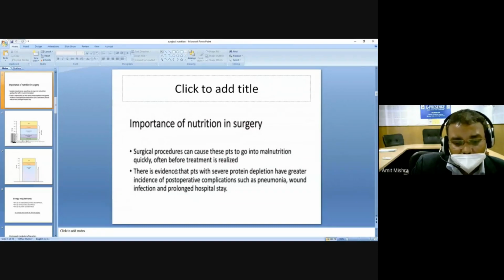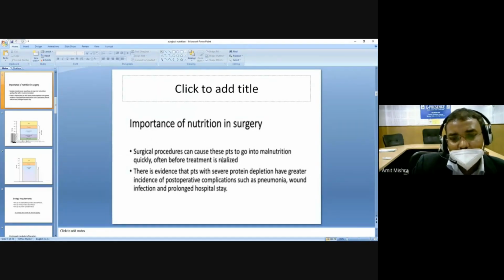But in minimally invasive surgery, malnutrition is not very noticed because in the post-operative rehabilitation period we get easy recovery. But in major surgeries, certainly we get malnutrition. So surgical nutrition is very important. Nutritional deficiency is often related to the surgical procedure.